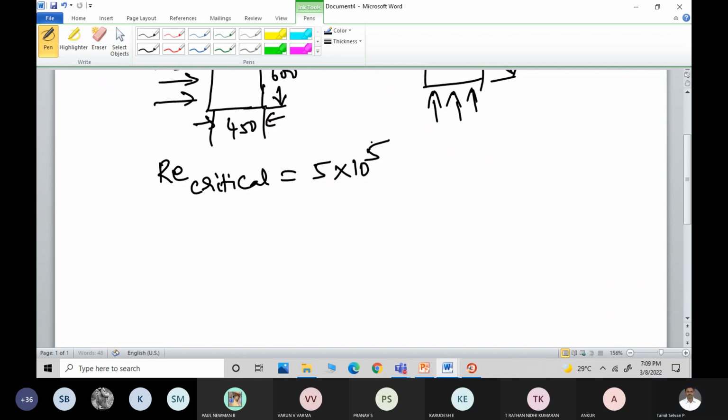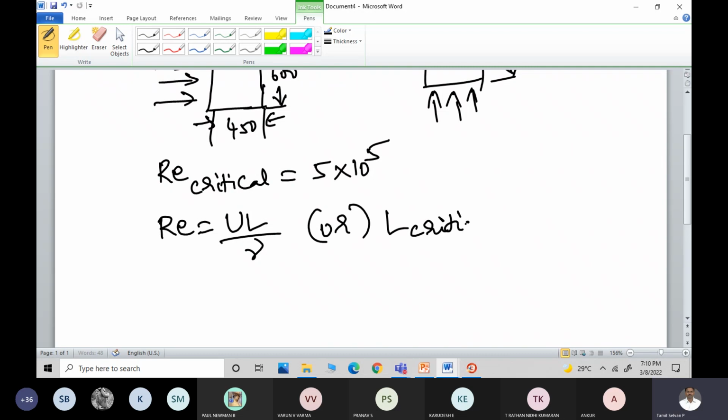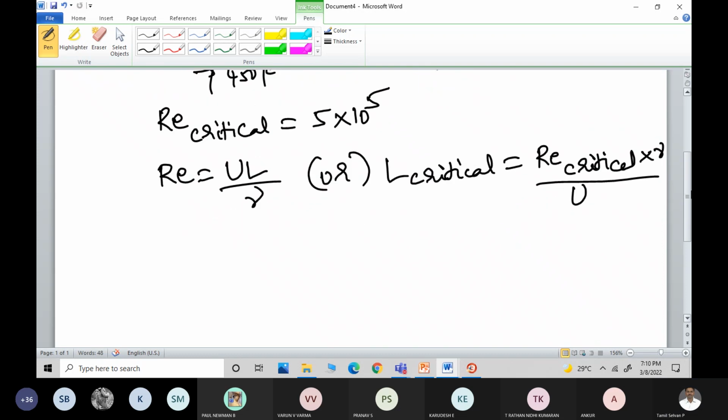We know that Re is equal to UL divided by nu, so L critical will be equal to Re critical into nu divided by U. Critical Reynolds number is 5 into 10 power 5. Up to this value the flow will be laminar, and then it will be turbulent.